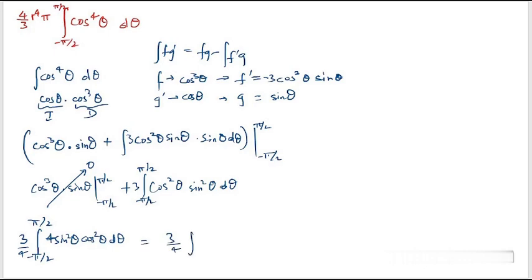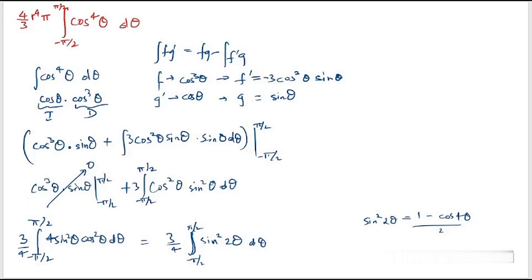That's 3 by 4 integration sine square 2 theta minus pi by 2 to pi by 2 d theta. Now sine square 2 theta can be written as 1 minus cos 4 theta by 2. Simple double angle formula of cosine.